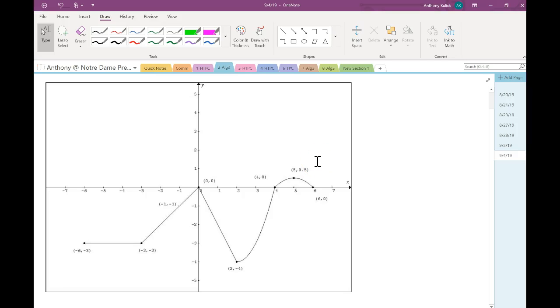So I graded your guys' homework quizzes from last time, and it became clear to me that some of us are still struggling with the notation involved for these intervals for domains and ranges and increasing, decreasing, and constant and all of that.